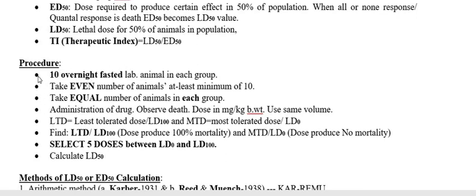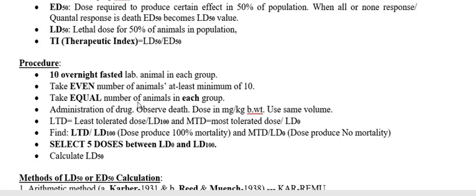What are the procedures? The minimal number of animals should be 10 in each group. The second important point is that the animals should be fasted overnight. The third important point is that the number of animals in each group should be equal.